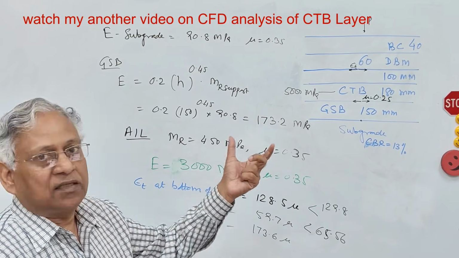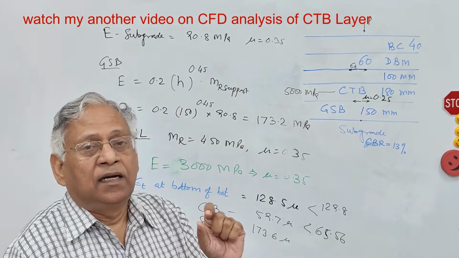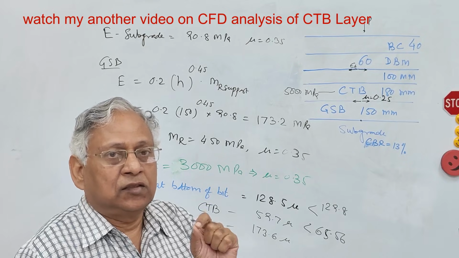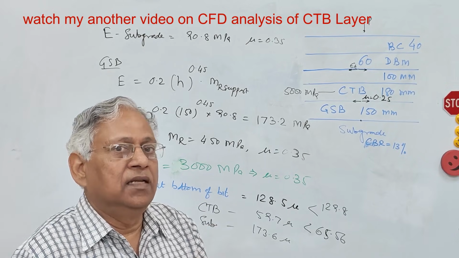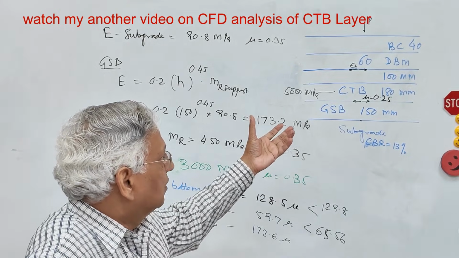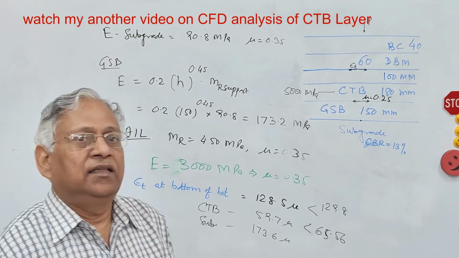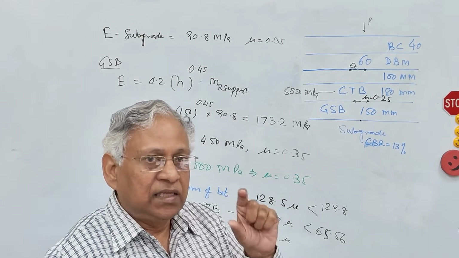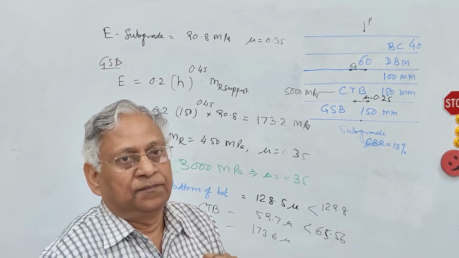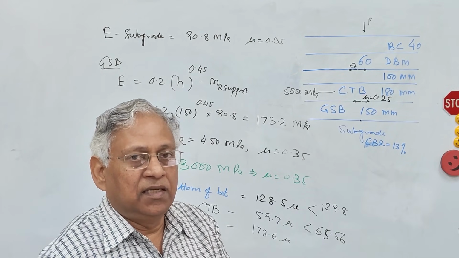For each axle group, you find out how much fatigue life is consumed. I have another video on this cumulative fatigue damage analysis of the CTB layer. You can watch that to understand the procedure, and then you can check whether your CTB thickness is sufficient or not. So that is how we design a flexible pavement with CTB layer as per IRC 37.